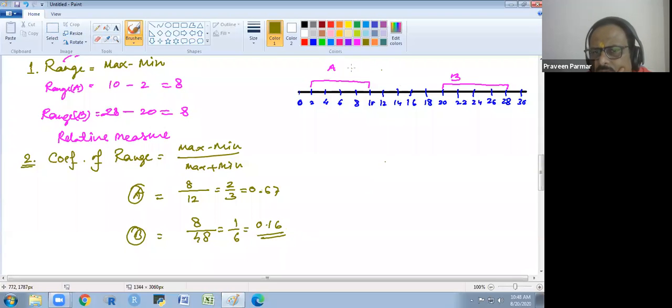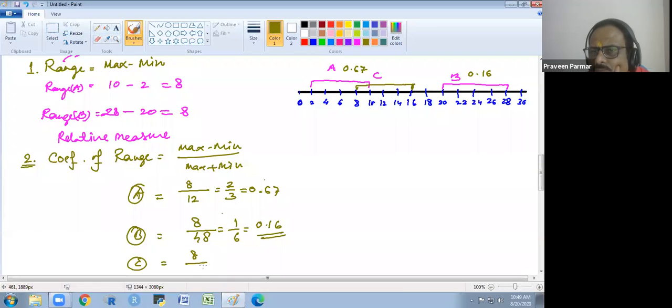So the coefficient of data set A is 0.67 and of data set B is 0.16. If I take another data set, from here to here, this is my C data set, what would be the coefficient of this C?